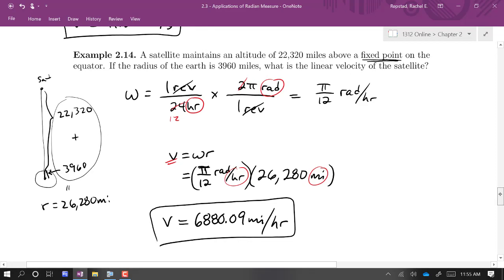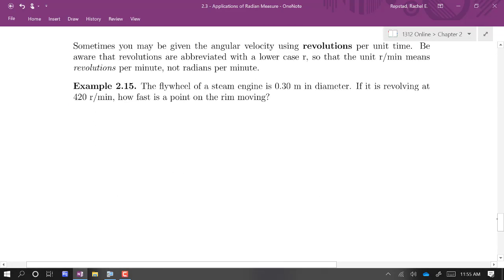All right, let's try one more. In the last example, we had to use what we knew about the Earth rotating on its axis, that it does a full, complete revolution every 24 hours. Sometimes they will actually give you omega, or give you the angular velocity using revolutions per unit time, which is okay, right? We know how to make that conversion. There are 2 pi radians to a revolution.